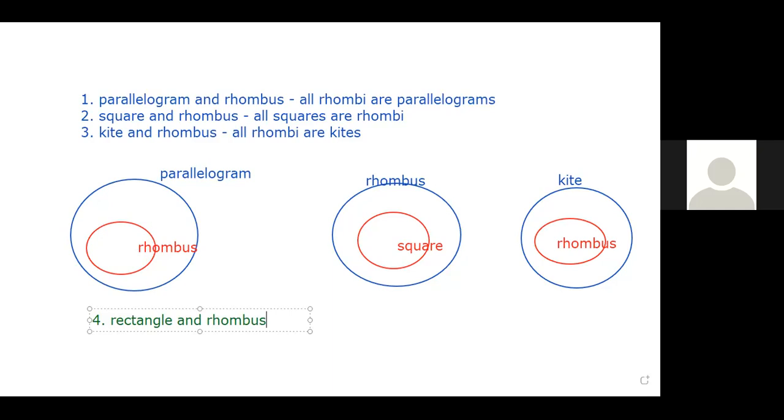Come on. I'm asking you to scribble on the screen.